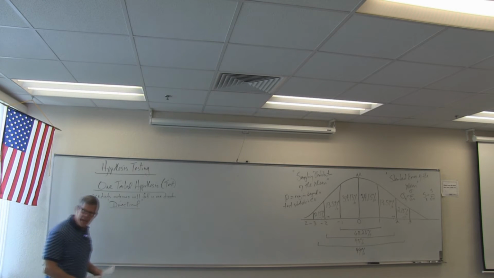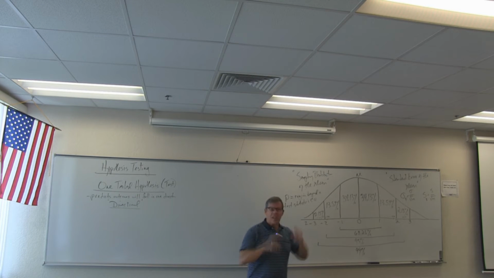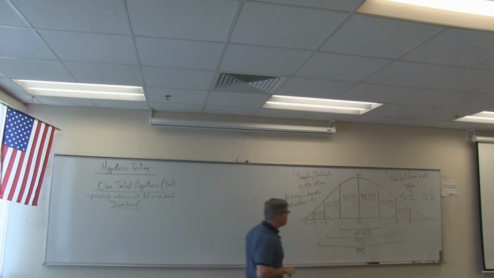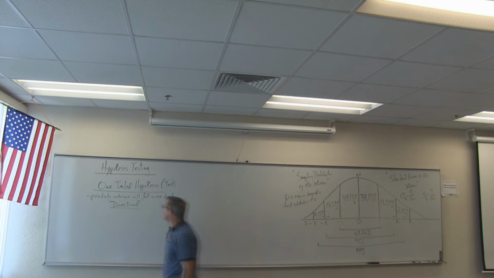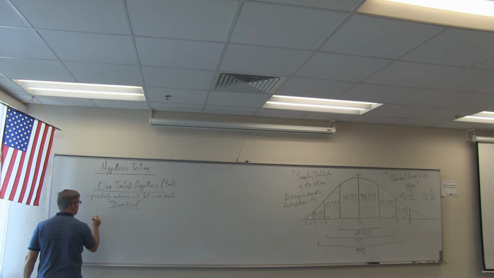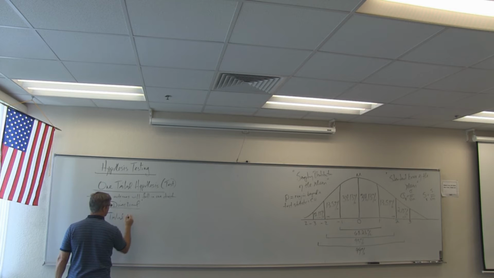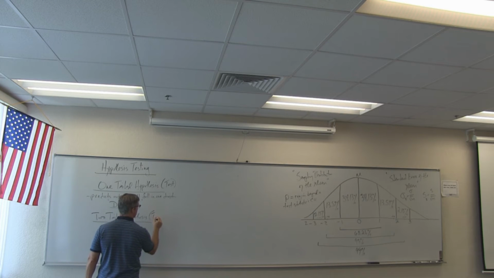If I were to say, on the other hand, you know what? Our class will either score higher or lower on exam 2 as opposed to exam 1. I would be putting forth a two-tailed hypothesis, also called a two-tailed test.